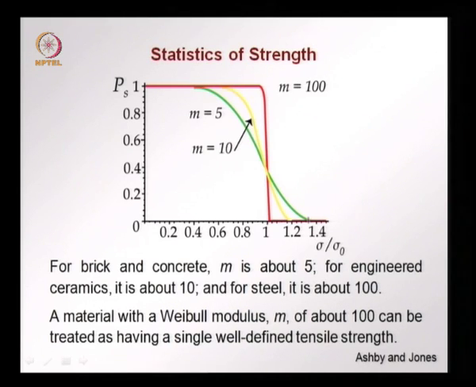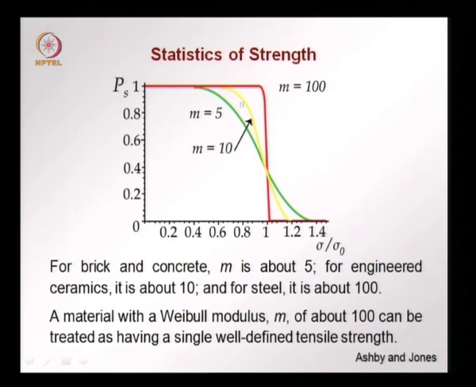This distribution is shown here. Ps is the survival probability. On the x axis we have the ratio between the applied stress and the mean strength of the material, and what we find is that when m is very large there is a very definite drop. There is a very good probability that the failure strength is going to be sigma 0.